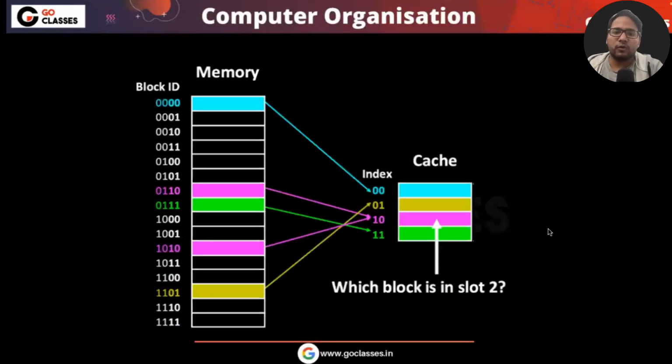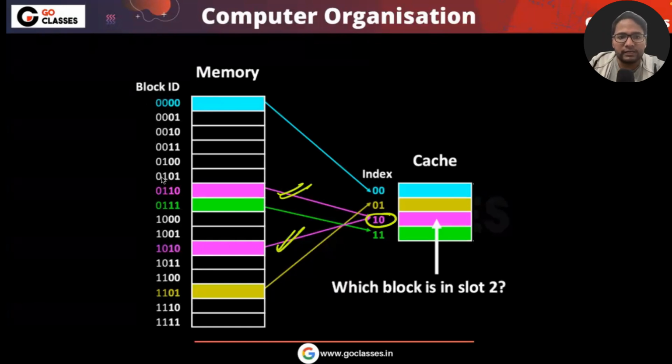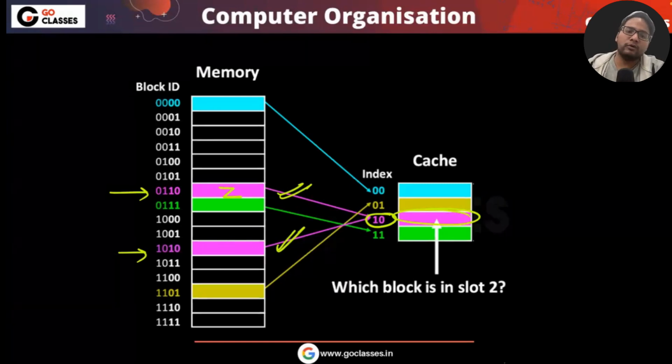Have you understood the problem? See here that this many blocks can map to, let's suppose, one line. Let's suppose this particular line. So this can map and this can map. Currently I'm talking about this one and this one. Both of them can map to this particular slot, right? But it is currently containing, let's suppose this is Z, this is W. It is containing Z or it is containing W. We should know this, right? So how will we be knowing this?